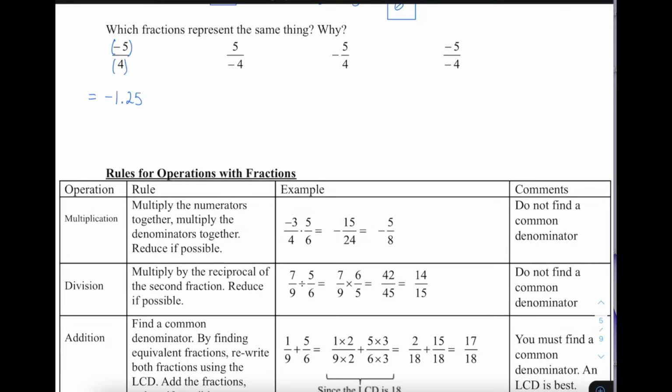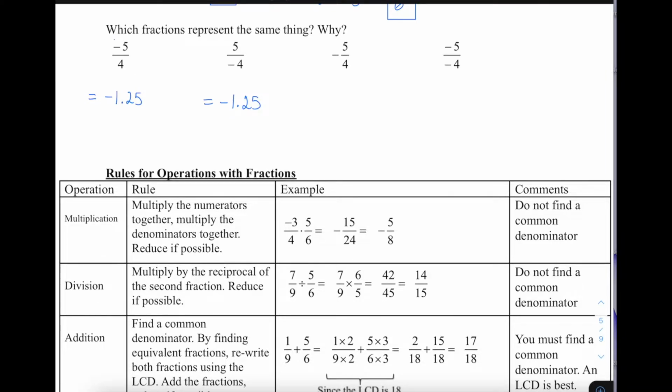In the second fraction, I have 5 over -4. I'm just going to get rid of these brackets because they look confusing. So if I typed in 5 divided by -4, I would also get -1.25. I encourage you to try it and go along with the lesson with your calculator.